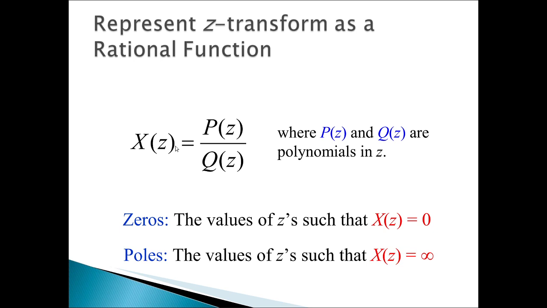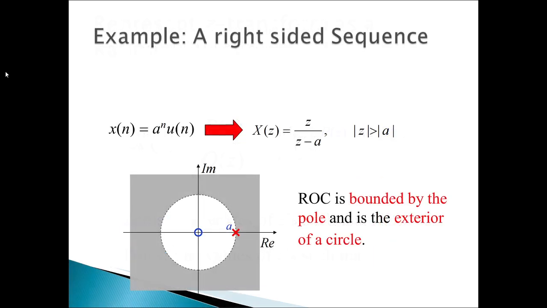If you substitute some value of z, and it makes X of z equal to 0, that is called a zero. If I substitute some value of z such that X of z is equal to infinity, then we call it a pole.